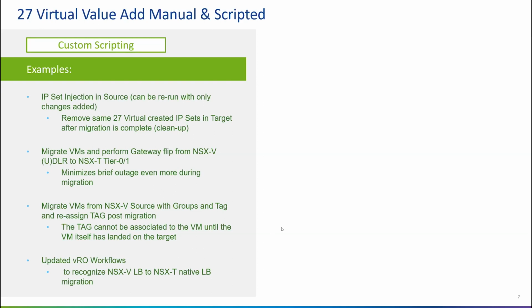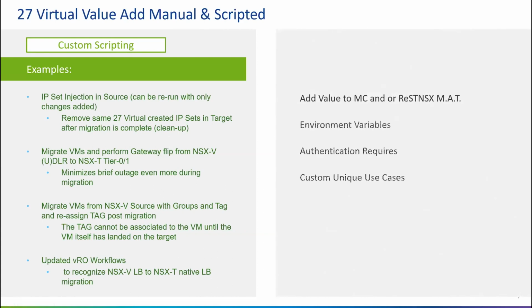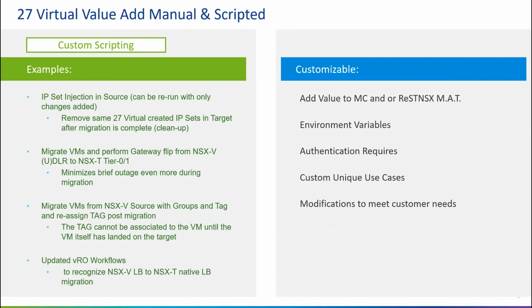So yeah, as Bill said, we developed a lot of different scripts. It could be workflows as well. Because as we said, for example, between NSX-V and T, there are a lot of things that change. For example, we cannot add a VM into a rule in NSX-T anymore, so we have to create groups first.